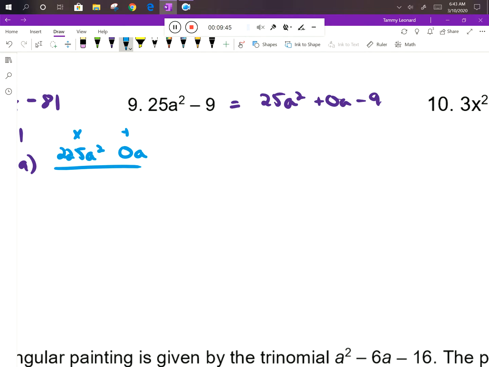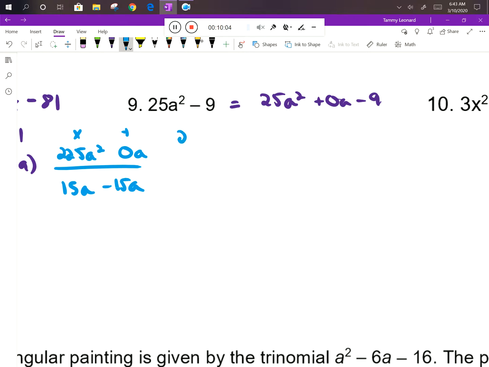So this is a similar situation. I need to add to make 0a, so I know I need to have plus and minus the very same number. We recognize 225 as being one of our perfect squares, so 15a and negative 15a will be the two terms that split the middle.